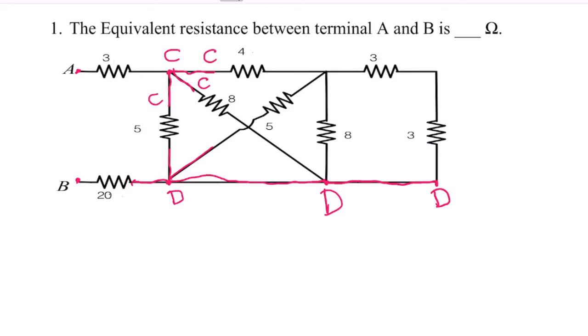If you look here, there is a resistor. This is E, and this is F.